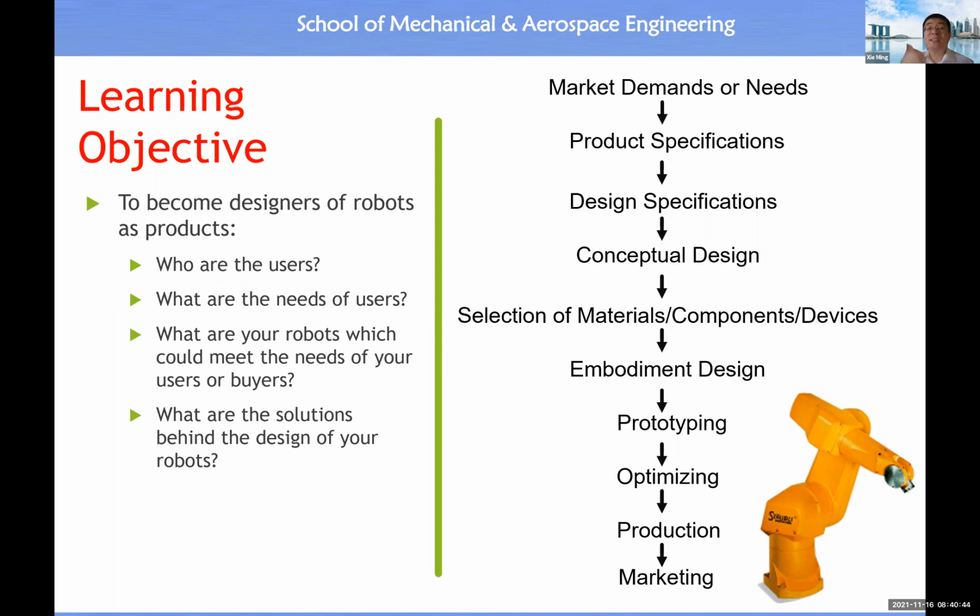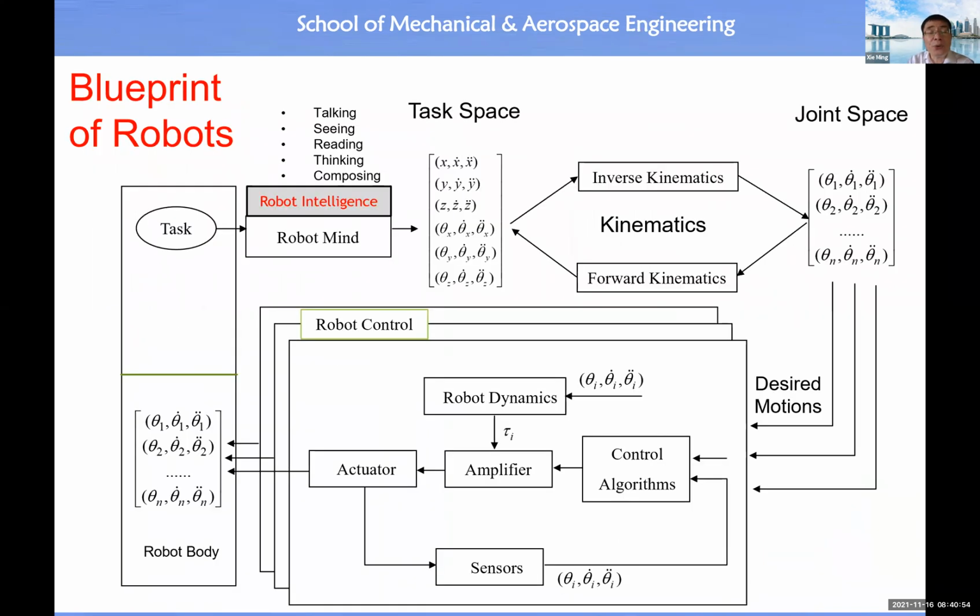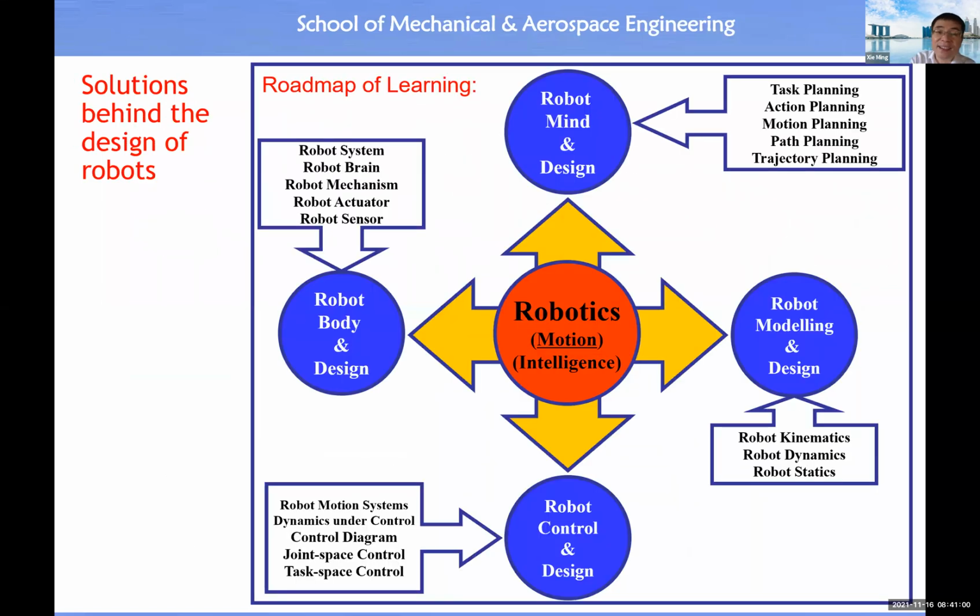Then immediately you understand a robot is a motion provider. Then for question 3 and question 4, this slide gives you the answer to question 3, and this slide gives you the answer to question 4.